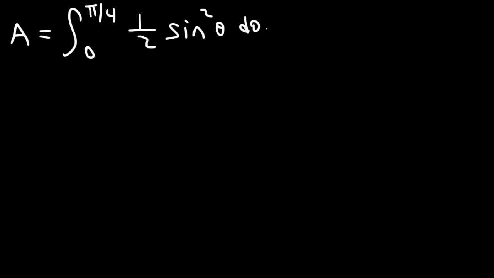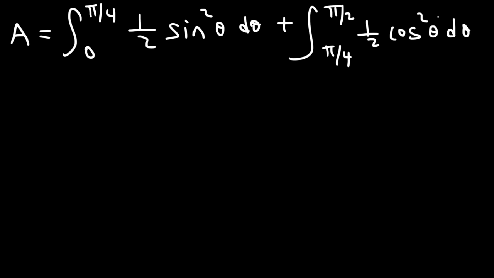So go ahead and type this in your calculator. The area is going to be the integral from 0 to pi over 4, 1/2 sine squared theta d theta, plus the integral from pi over 4 to pi over 2, 1/2 cosine squared theta d theta.